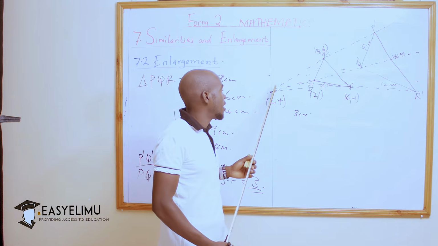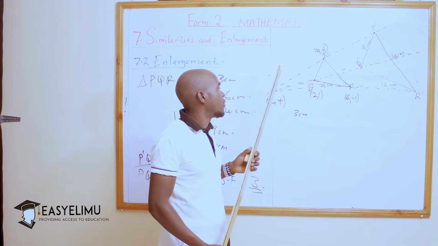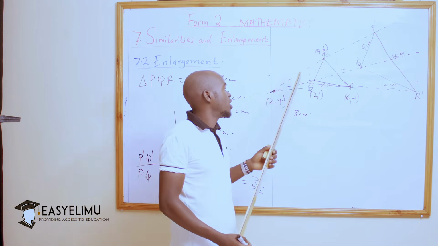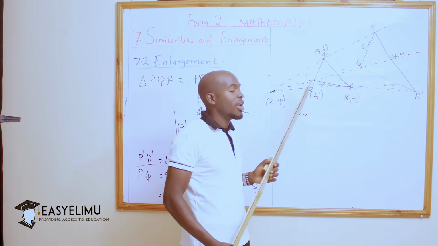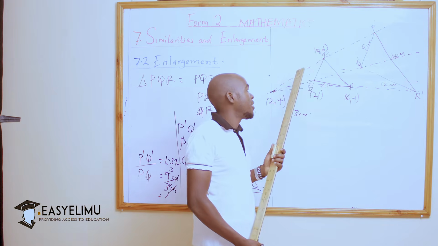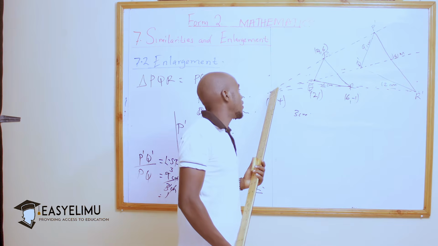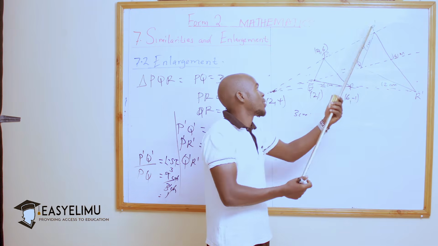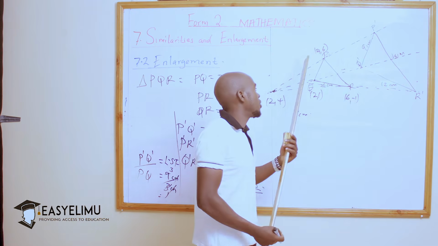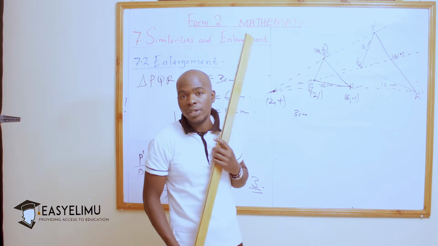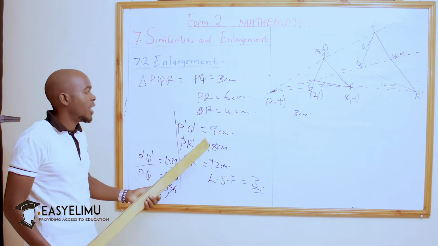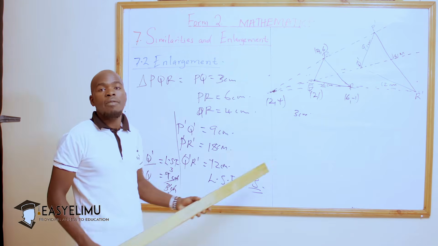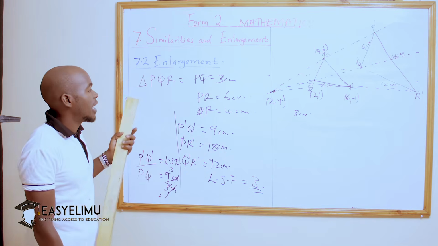You will count the number of square units in between from here to here, and you will find your scale factor. Or you take the distance from here to here, over the distance from here to here, and you will find your scale factor, and you will have identified the center of enlargement and the scale factor of enlargement in that given sum.